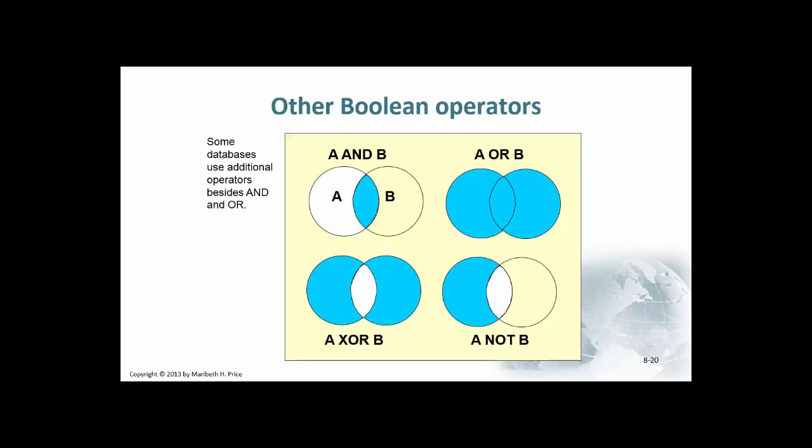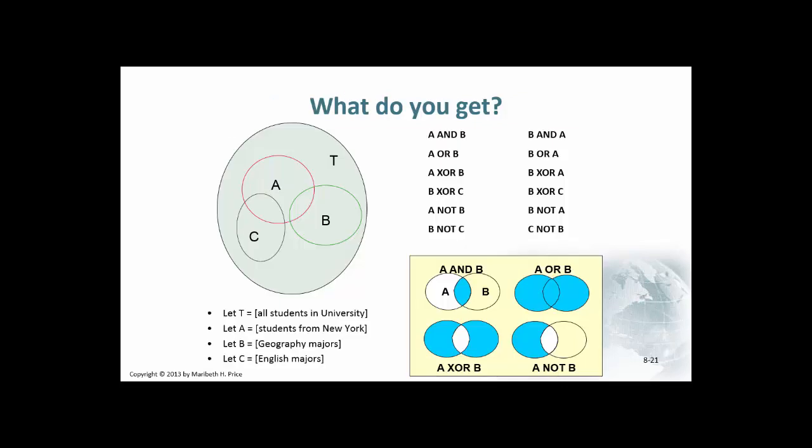Advanced Boolean operators include XOR and NOT. Spend a few minutes thinking about AND, OR, XOR, and NOT. These illustrations show the results from these operators.